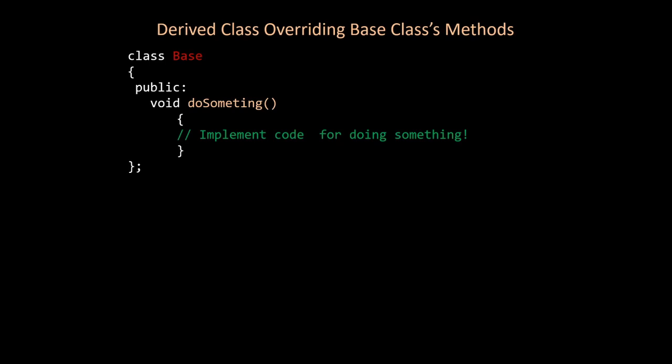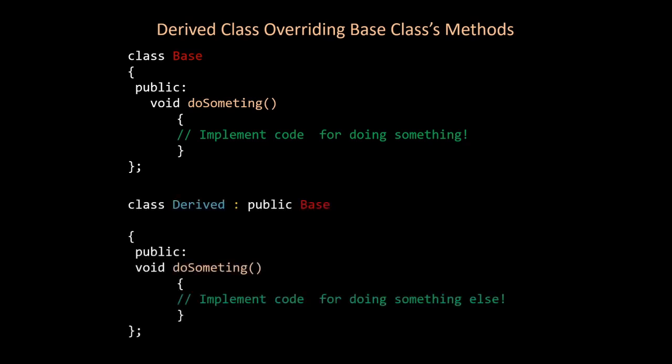So if we have our base class and our function void do something, and we have our derived class, which also has do something, then if method do something were to be invoked using an instance of derived, it would not invoke the functionality in class base.